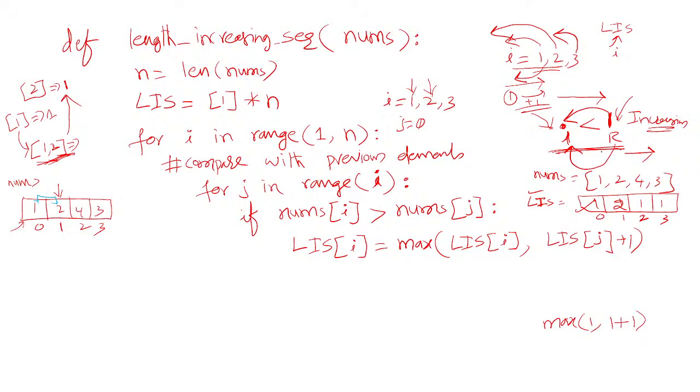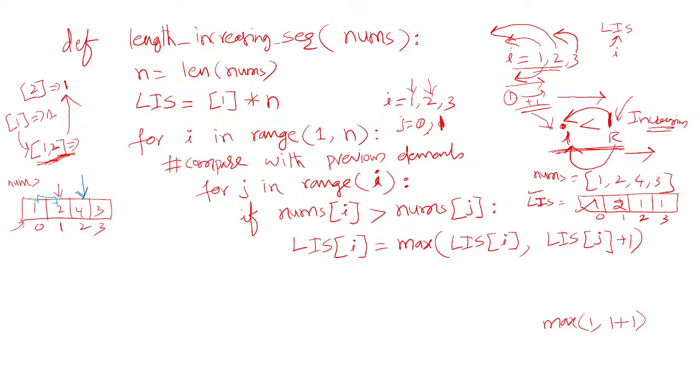Then for i value 2, we take index 2 here. Then j in range(2), that means j value will be 0 and 1. For which element are we checking now? We are checking whether this element 4 forms an increasing subsequence with the previous elements or not.